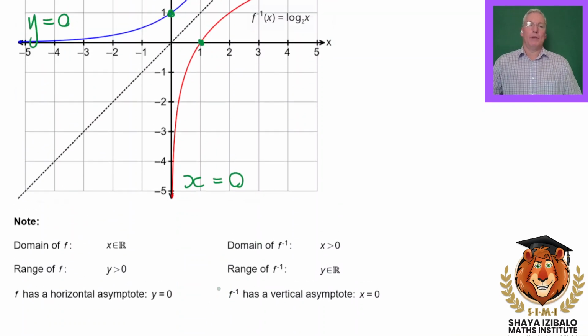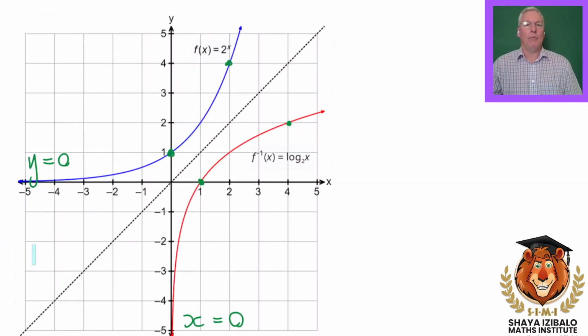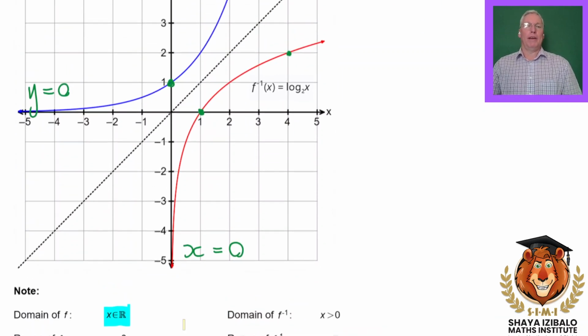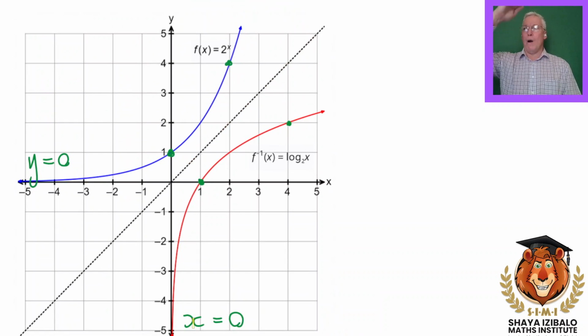If we look, and we did speak about this previously, at the domain of our blue function, remember domain is how far left and right the graph goes. x can be anything. If we look at the range of our exponential function, remember range is to do with y values, how far up and down it can go.